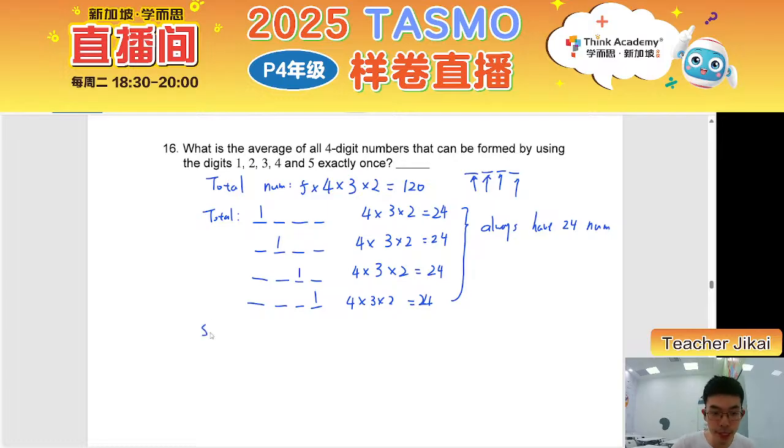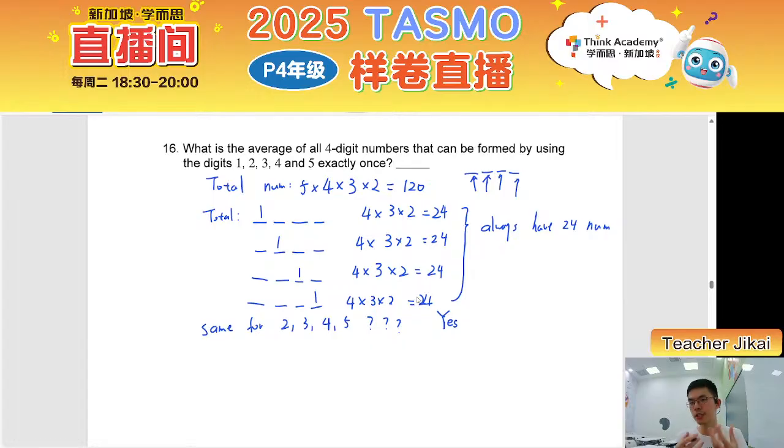So will it be the same for 2, 3, 4, and 5? Yes, it will be the same. It's just substituting the number. It will always be like this. So you can see, for each number on each digit, we will always have 24 numbers like this.